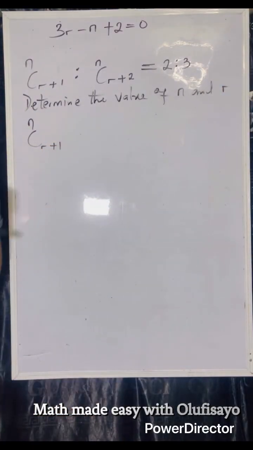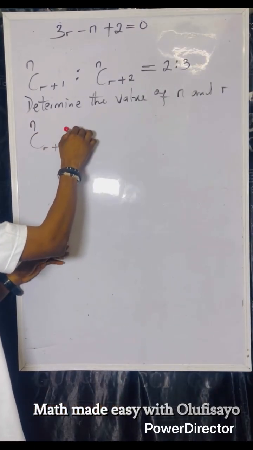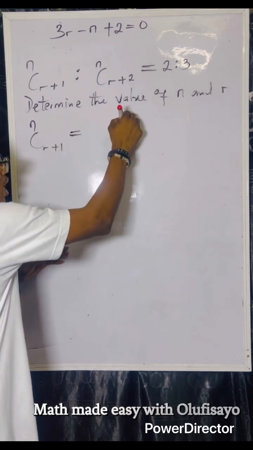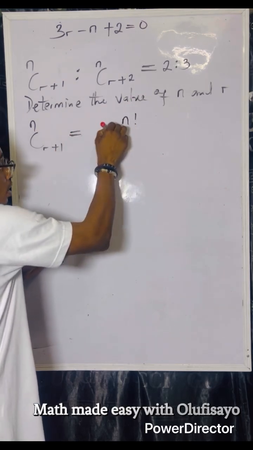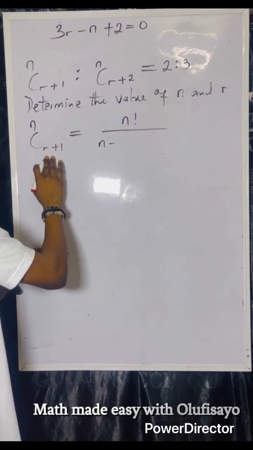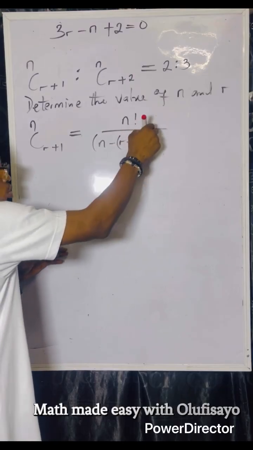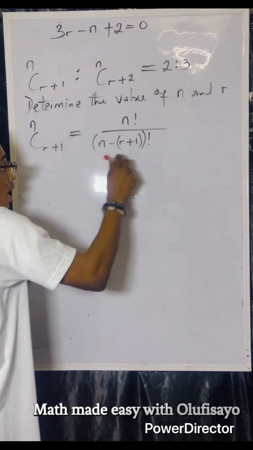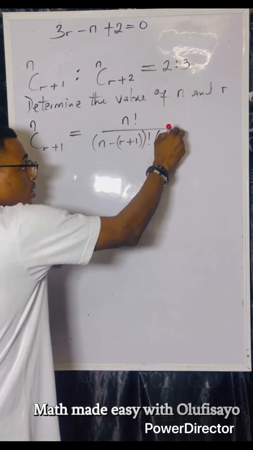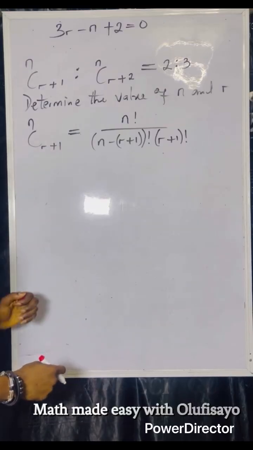Now let us expand this using the combination formula. How does that work? We have n combination r + 1. It has a formula n! over (n - (r + 1))! (r + 1)!. What about the second one?